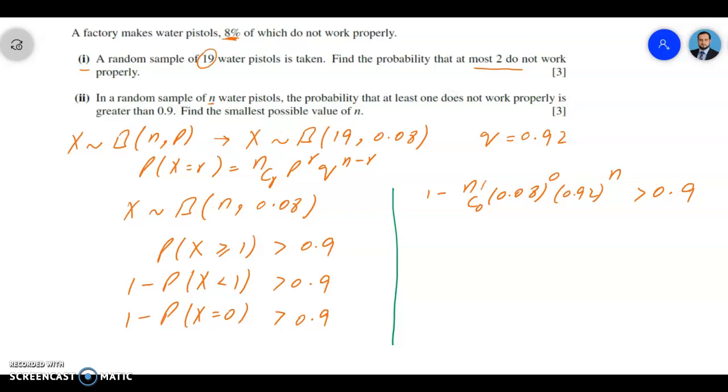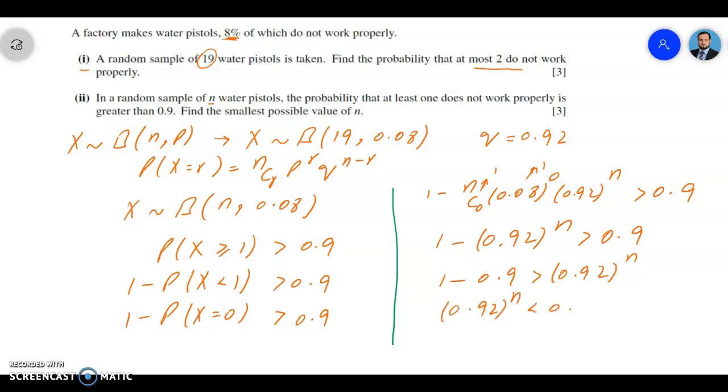Here nC0 is 1 and any number to the power 0 is 1. So we get 1 minus 0.92 to the power of n is greater than 0.9. We can rearrange it: 1 minus 0.9 is greater than 0.92 to the power of n, which means 0.92 to the power of n is less than 0.1.